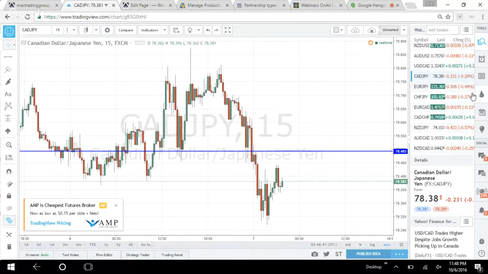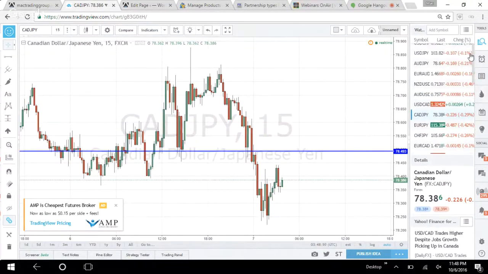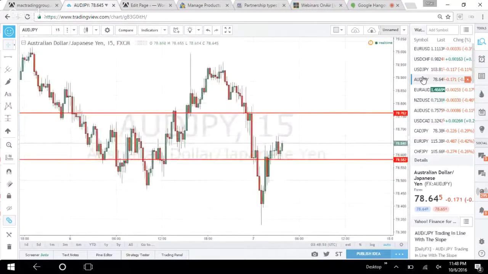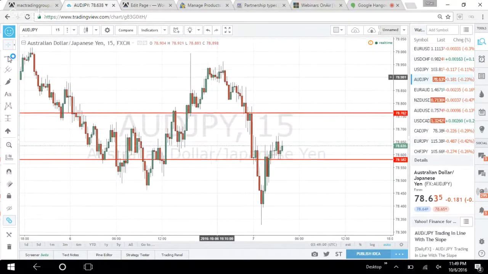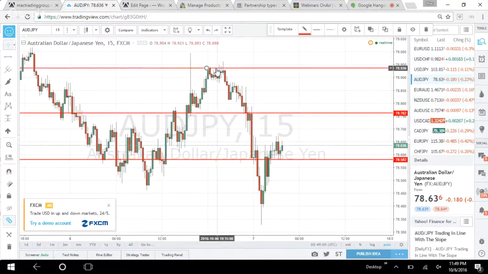What else we got here? So we got AUD JPY, then USD JPY. See it right up in here? This was the morning session. Resistance area. Drop. Big drop.